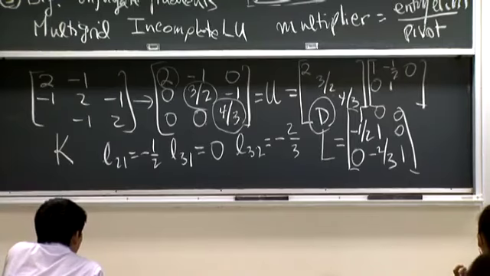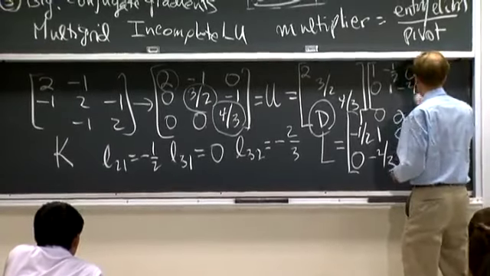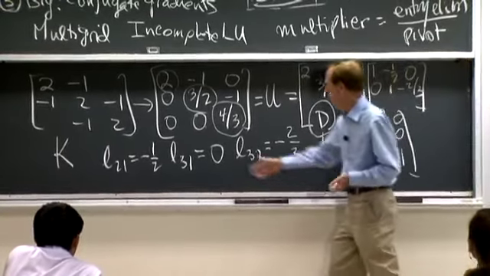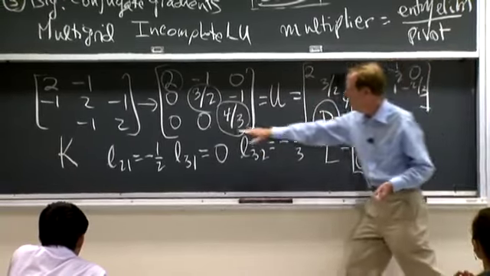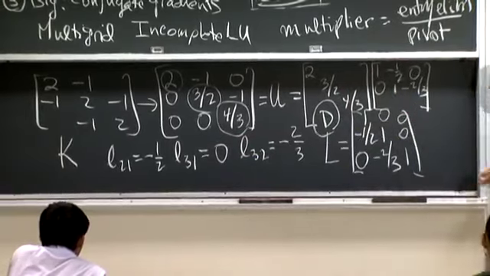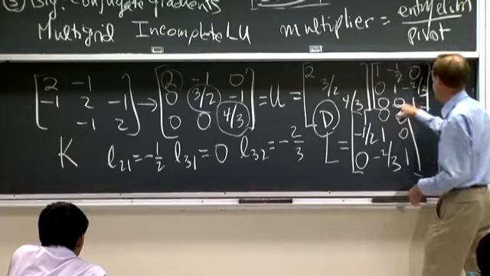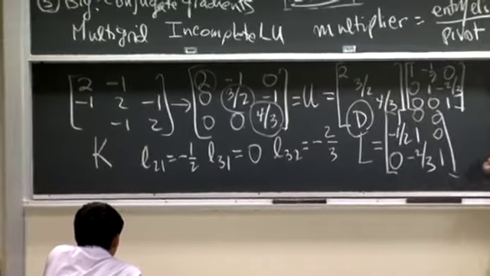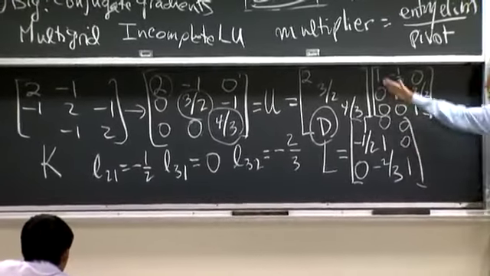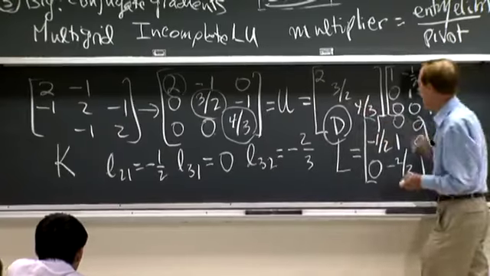Division will be 2/3, so I'll get a negative 2/3. And now on the last row, I'm dividing that row by 4/3. When I divide that row by 4/3, what row do I get here? 0, 0, 1. Because I've made the pivots 1. Well, they're not pivots. What I've done is separate out the pivots. So I've made the diagonal 1s just by separating it out.